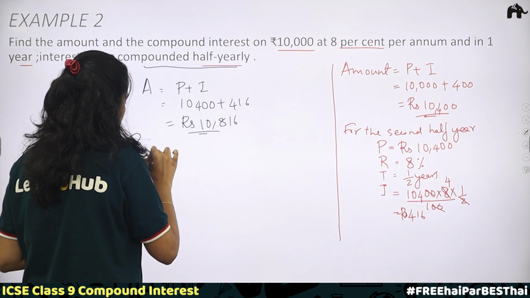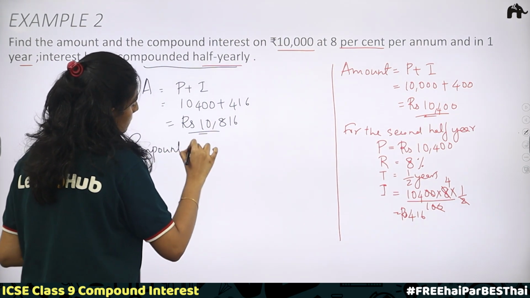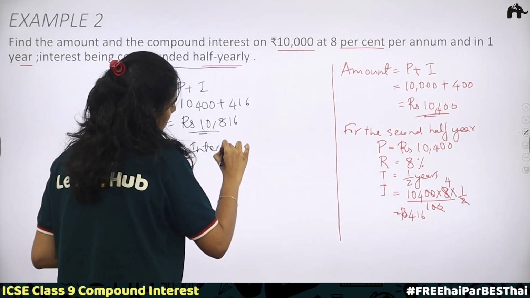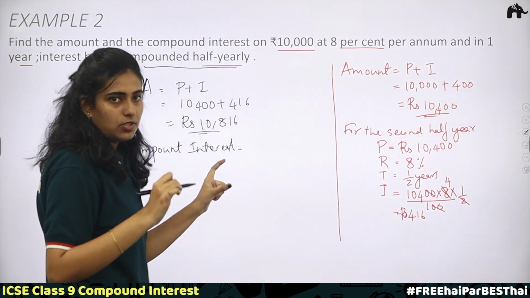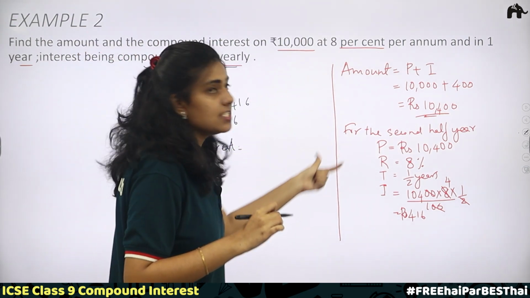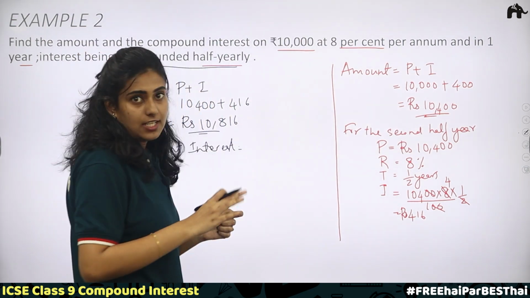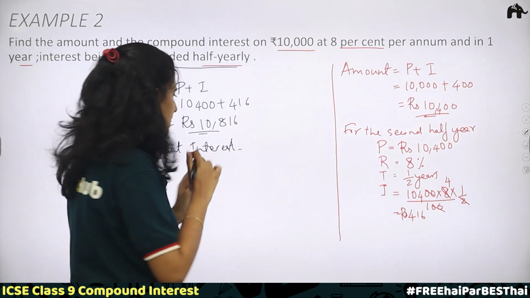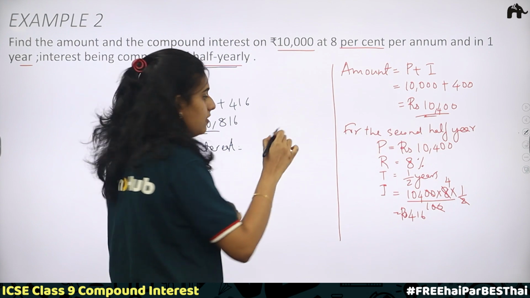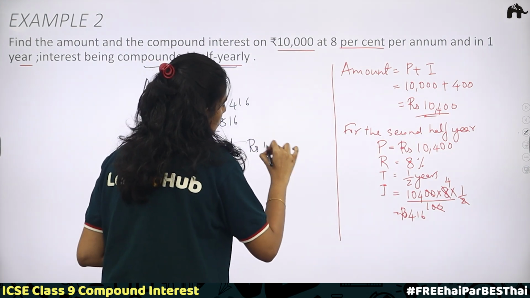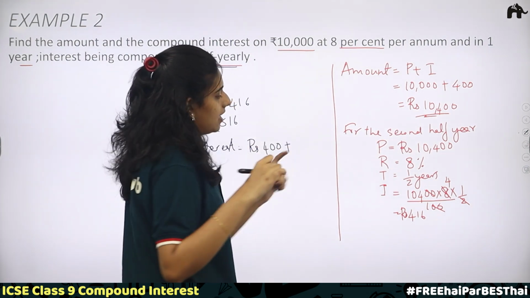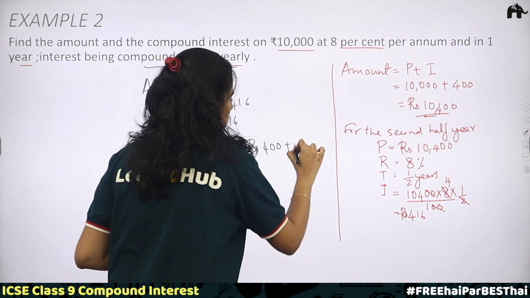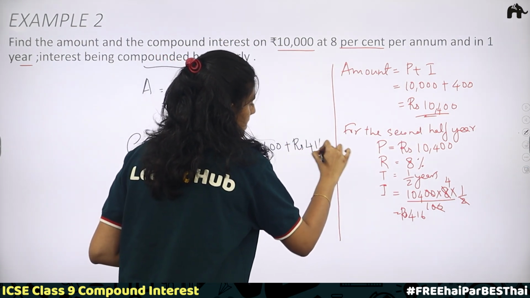So compound interest will be equal to, there are two ways to find compound interest, that is to find the interest at the first half year and the interest at the second half year and take the sum. Here for the first half year we got the interest rupees 400 and for the second half year the interest was rupees 416.